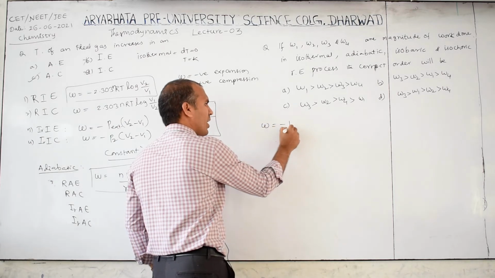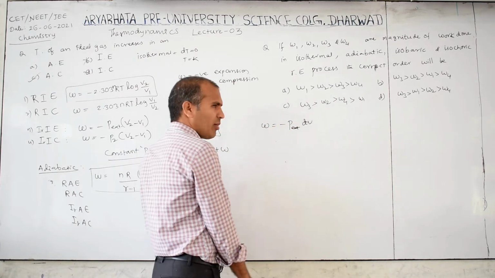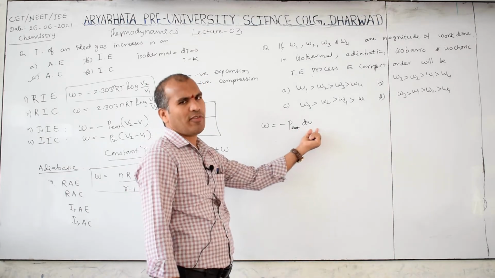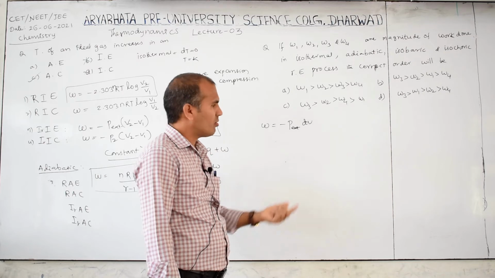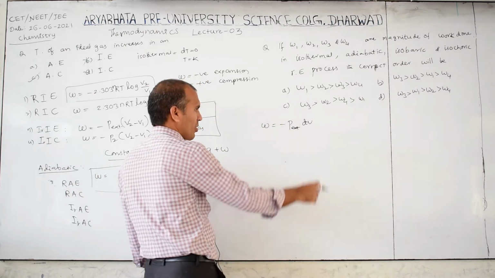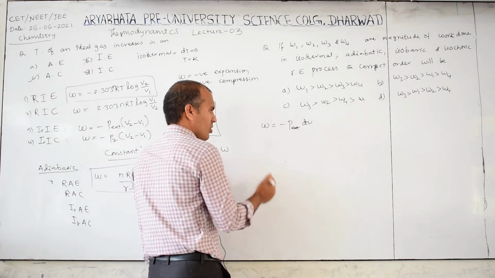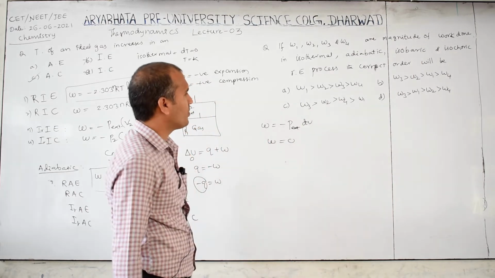W is equal to minus P external into dV. Isobaric means what? Pressure constant. If expansion is there, V2 minus V1, and this formula is applicable for isobaric. Isochoric means what? Delta V is 0, therefore W equals 0 for isochoric, no work done.